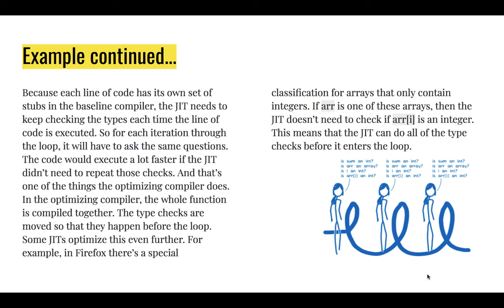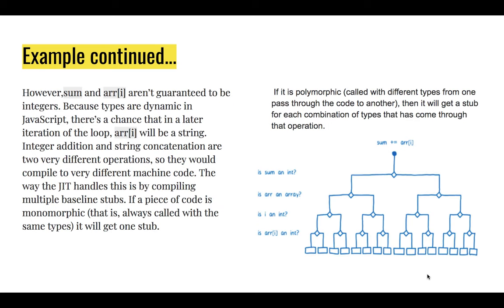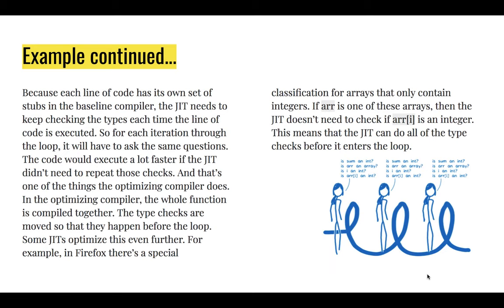It runs through the code asking these questions every time. In the first iteration, it would be like, is sum an integer, is ARR an array, is I an integer, is ARR I an integer. For the second iteration also, for the third iteration also.